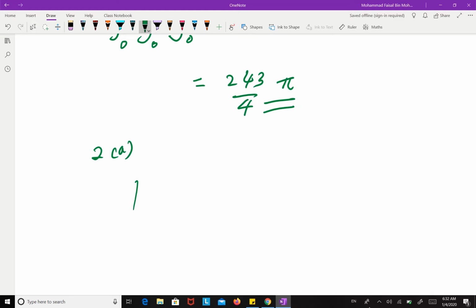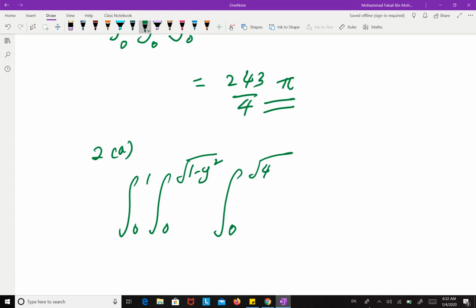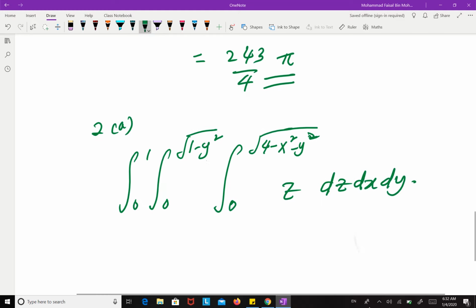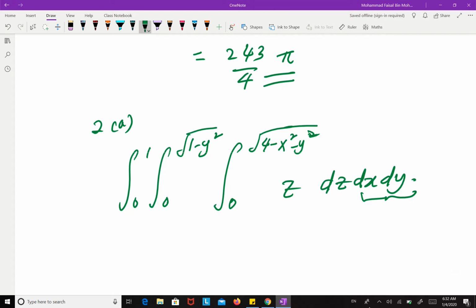They give you the limit from 0 to 1, the outermost limit, and then the middle one will be 0 to the square root of 1 minus y squared, and then the innermost is 4 minus the square root of 4 minus x squared minus y squared, z dz dx dy.